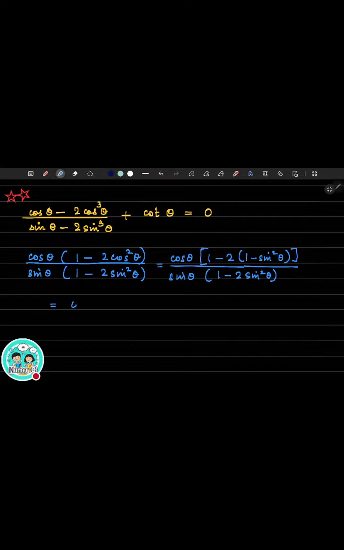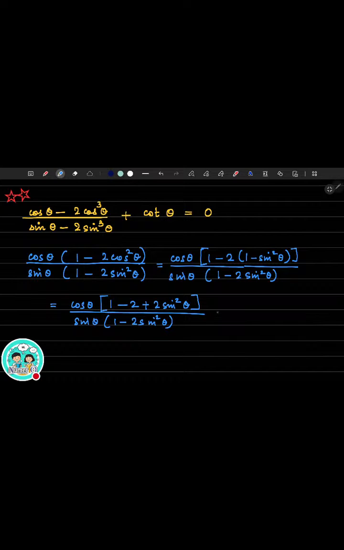So now in the numerator you have cos theta square bracket 1 minus. Now multiply. Minus 2 into 1, minus 2. Again, minus 2 multiplied by minus, minus into minus is plus 2 sin square theta, whole divided by, the denominator still the same, sin theta into 1 minus 2 sin square theta.